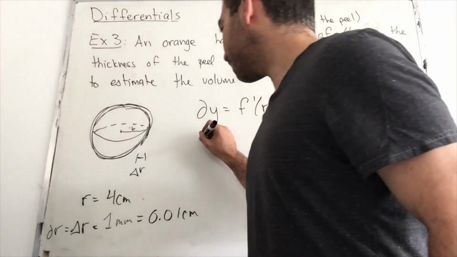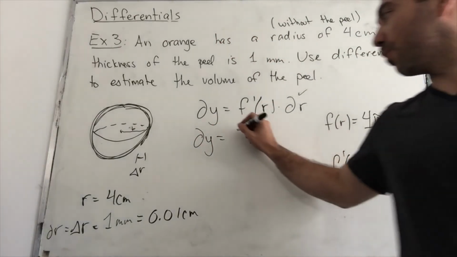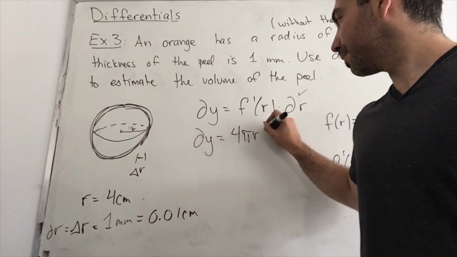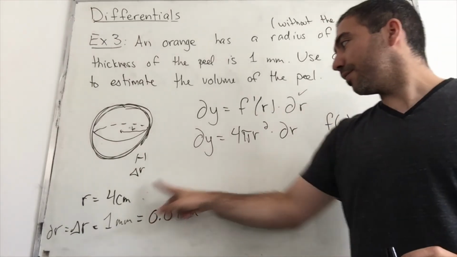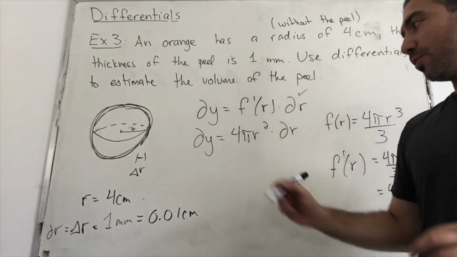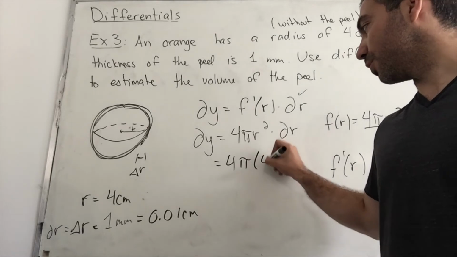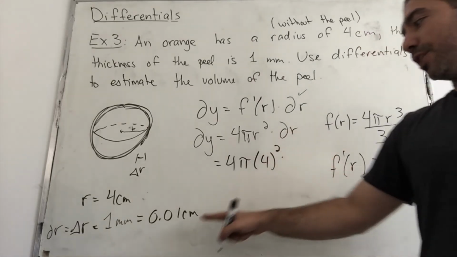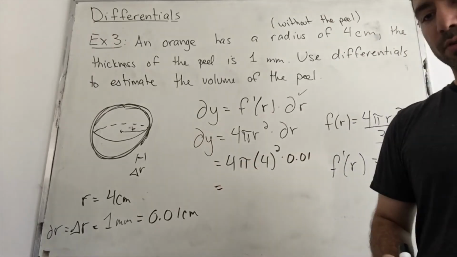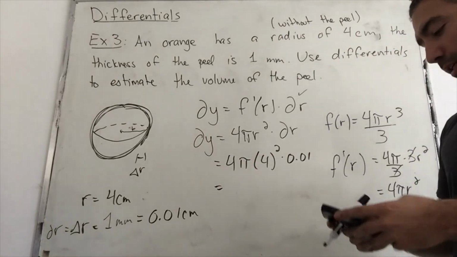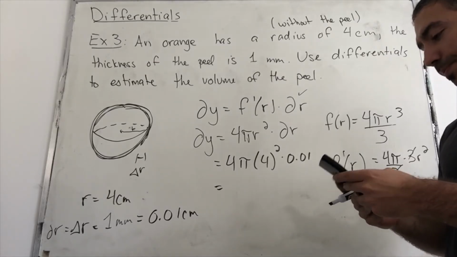So delta y is equal to f prime of r, which we got is 4 pi r squared, times dr. We have the radius and the change in the radius, so we just plug everything in. So 4 times pi times r, which is 4 squared, times the change in r, which is 0.01. Okay, let me use a calculator. So what we get is 4 cubed times pi times 0.01.